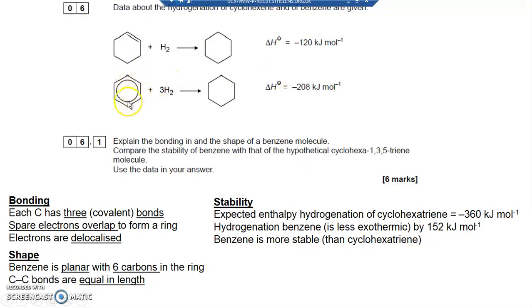So 3 hydrogens should release minus 360, but there's a difference of 152 kilojoules from the value that we'd expect. That shows that benzene's more stable. It gives out less energy when it reacts. That means it's more stable.